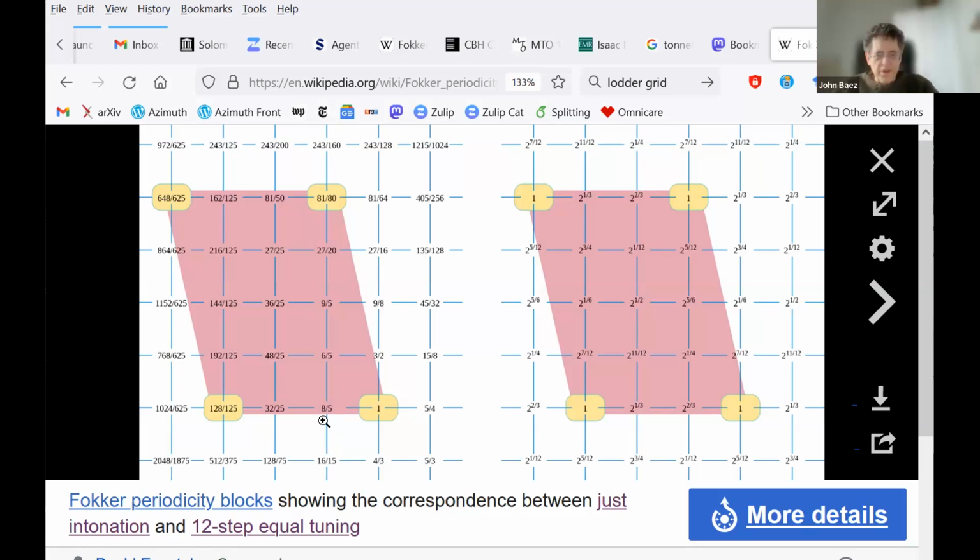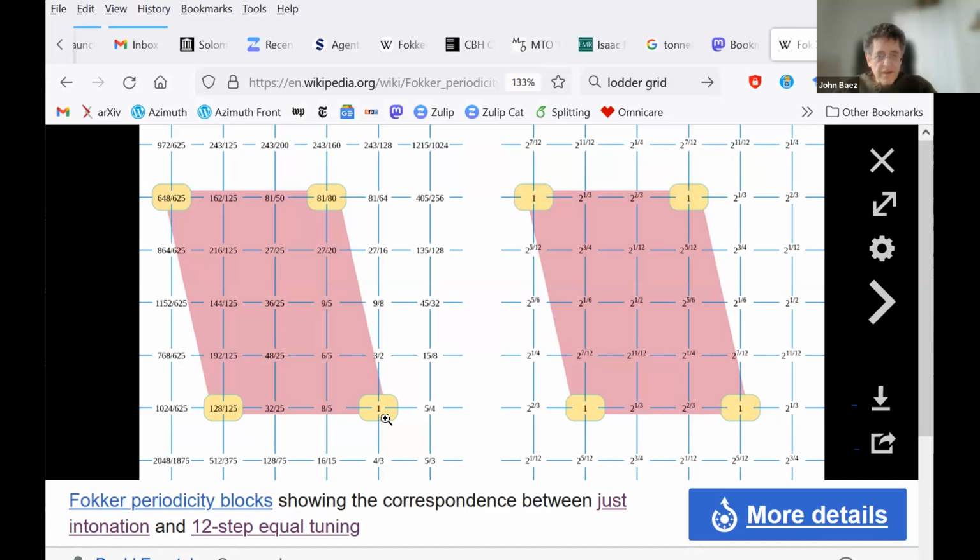It's weird, because I thought these were differing just in the tuning system, but here the one is at the lower left and here it's at the lower right, so they seem to be going backwards in one of them. And also in this one they are going up a major third and a major fifth.